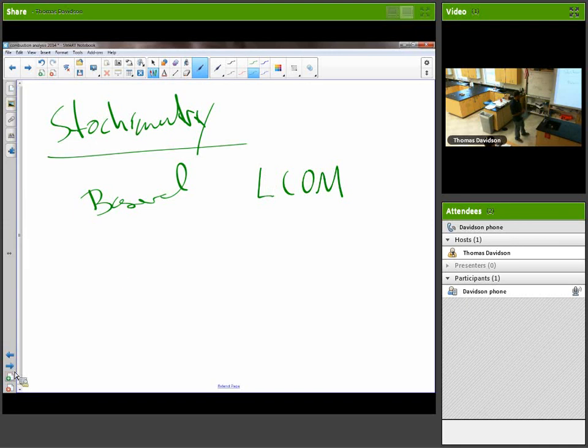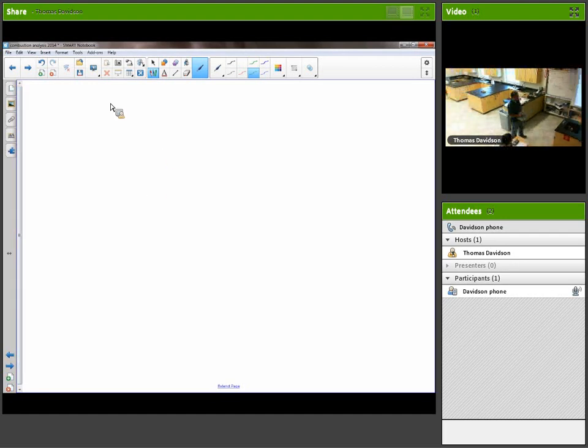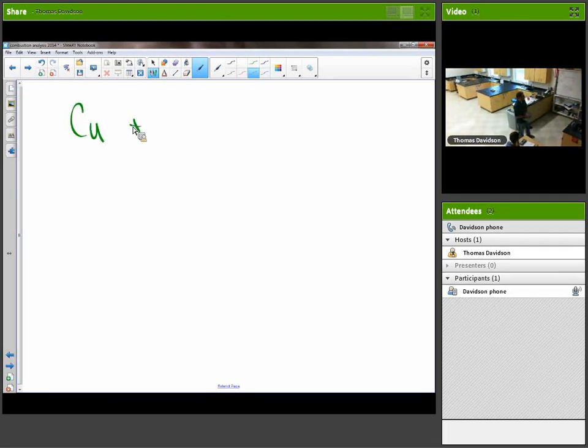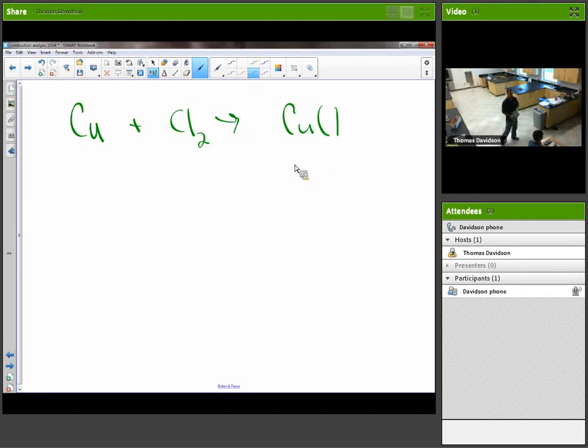So here we go. We're just going to do it. Are you ready? So for instance, I have copper plus chlorine goes to copper 1, no, we'll say copper 2 chloride. We'll just say CuCl. So that's copper 1 chloride.